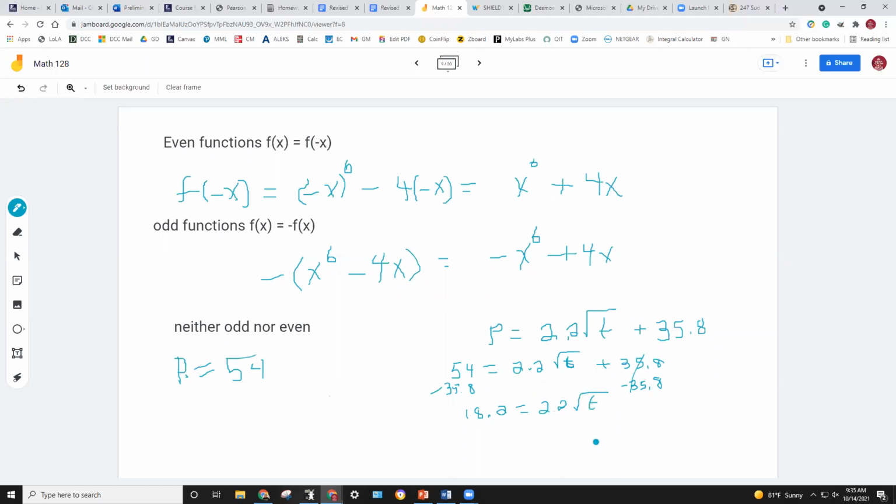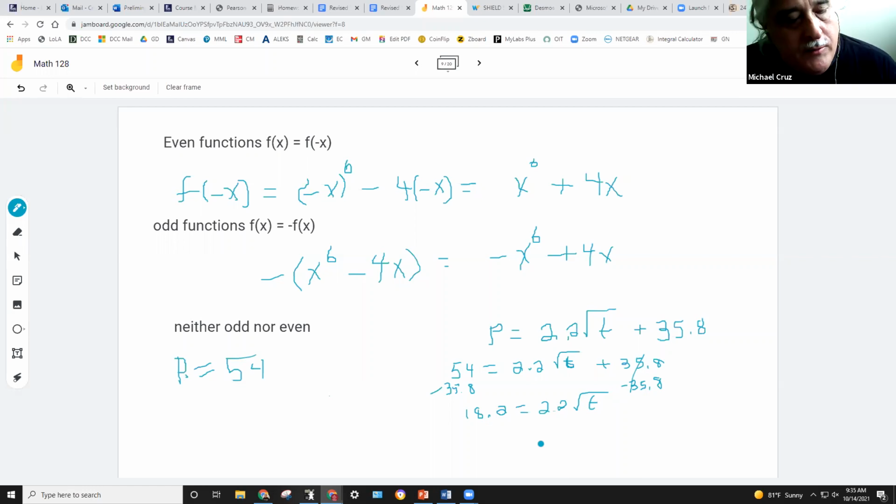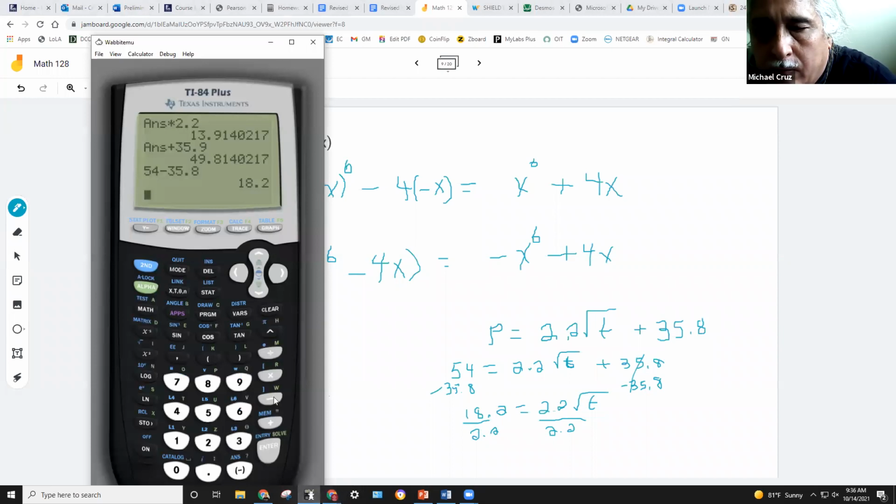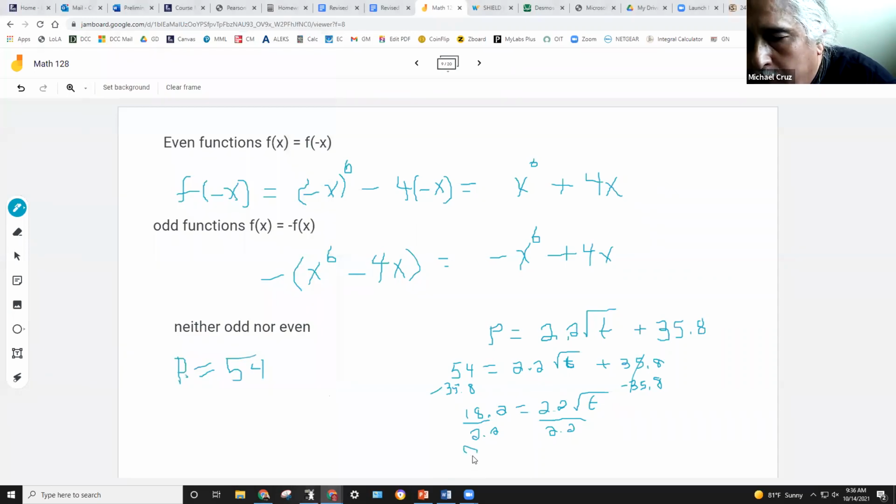All right. So what I'm going to do to isolate the square root of T, I'm going to divide by 2.2 because that's the number in front of that square root. And then that's going to start to isolate the T. So that's going to be about 8.2727.